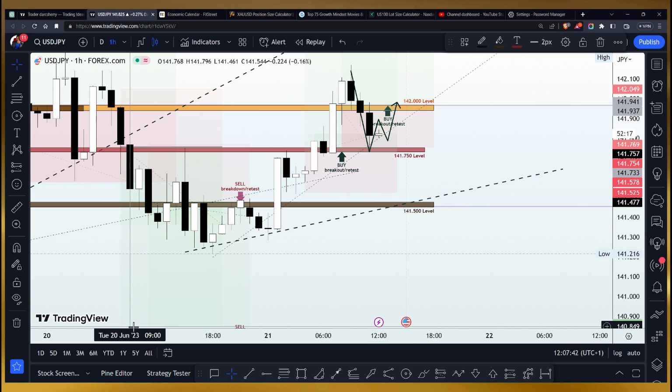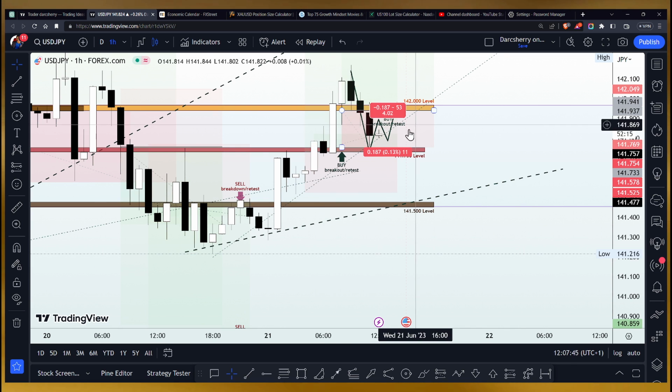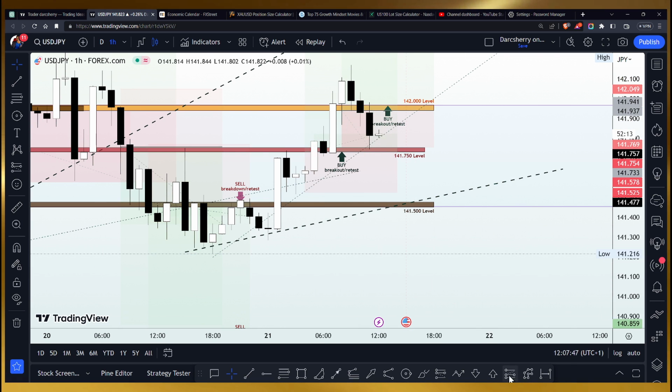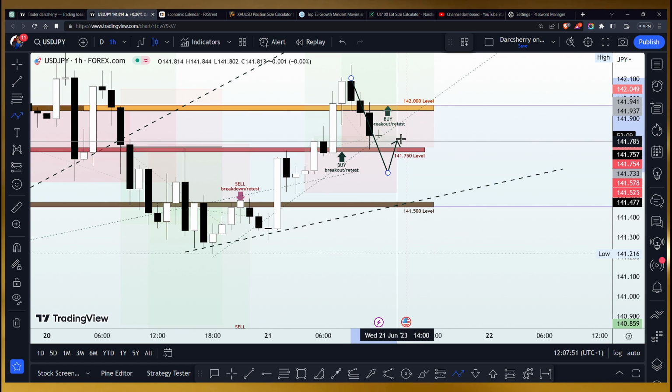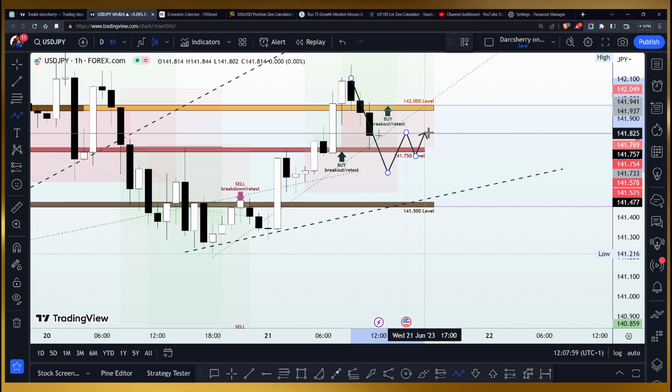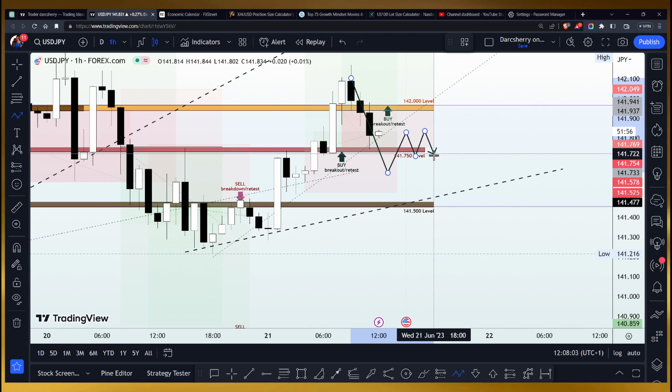However, if price action breaks down the trend line to the downside and we have something like this retest of structure, the idea of selling will start coming in. I would suggest that if we start seeing selling pressure like this retest of structure, we could have a sell stop order below the 141.750 and be very careful to monitor price action as it drops to the downside.